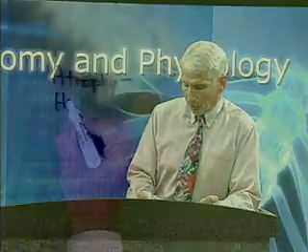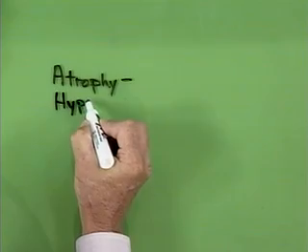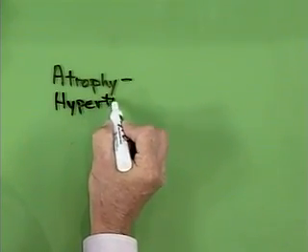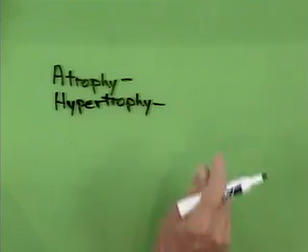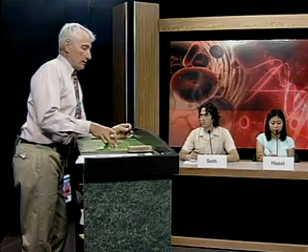How about hypertrophy? What does this term mean? Who wants to define it for us? Adam? It's the opposite of atrophy. It's growth in size or hyperuse, isn't it? It's a cellular enlargement, or it can happen to a whole organ as well. So it's basically, as Adam says, the opposite.